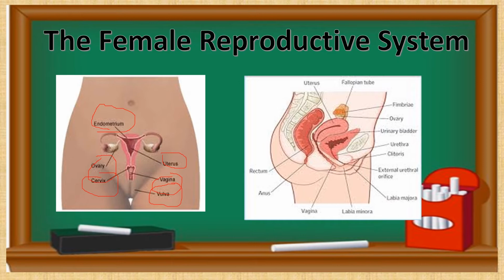So you know that vulva is the outer part of your female reproductive system that is composed of your labia minora, labia majora, and your clitoris. So some examples of your female reproductive system are your uterus, okay, your fallopian tube, your fimbriae, the ovary, your clitoris here, and the vagina.